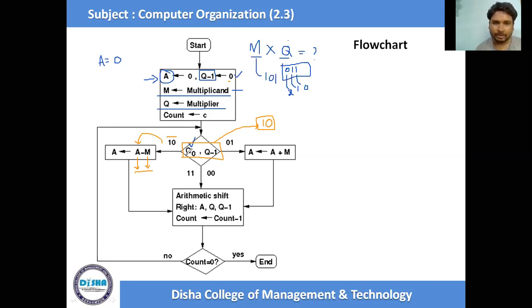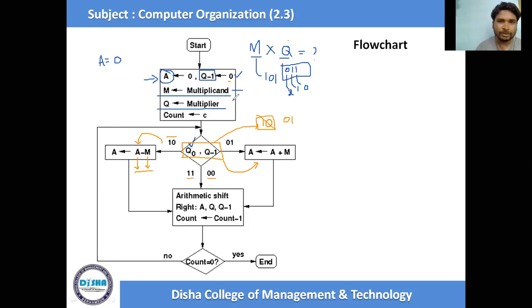Similarly, if this value is 0 1, then we'll do this operation. That operation is the addition of A and M. The next possible values can be 1 1 and 0 0.